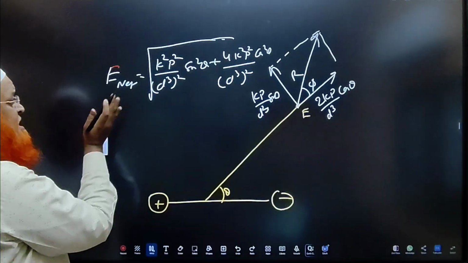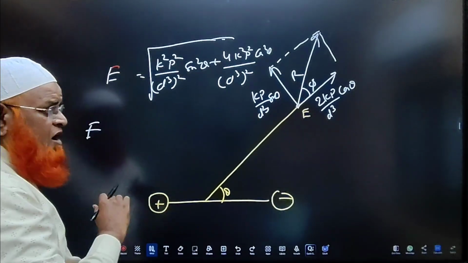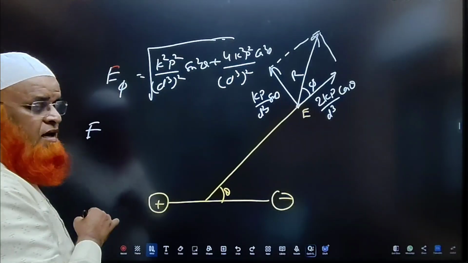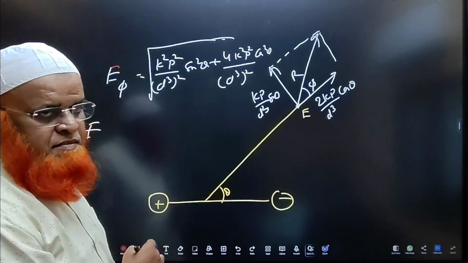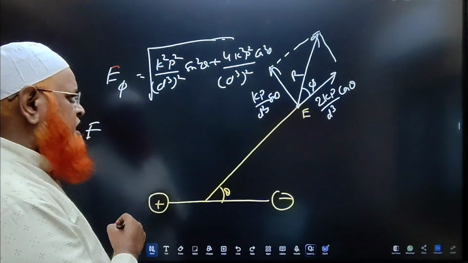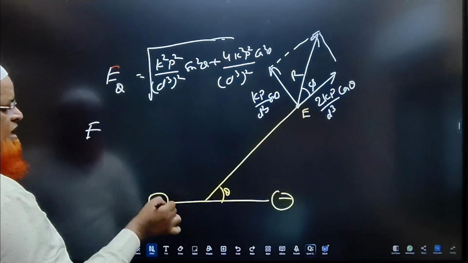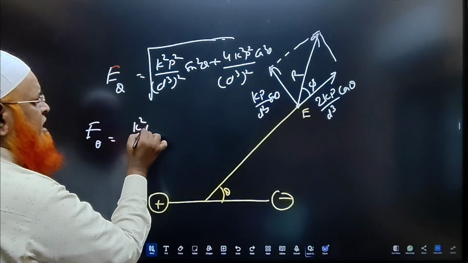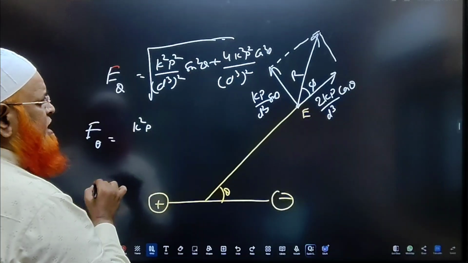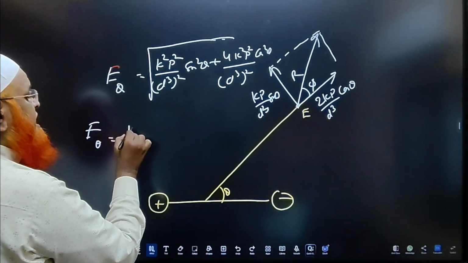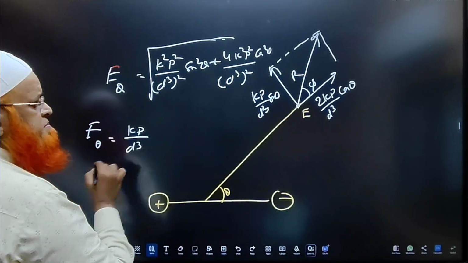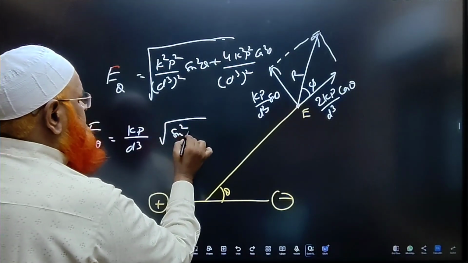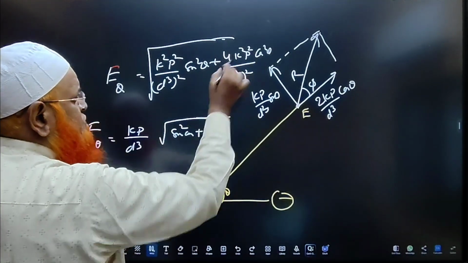E net is neither along the equatorial line nor along the axial line, it is at a certain angle theta. Let us see what is going to happen. What are the things common? Kp by d cube is common. What is there inside now? This is sin square theta plus 4 cos square theta.